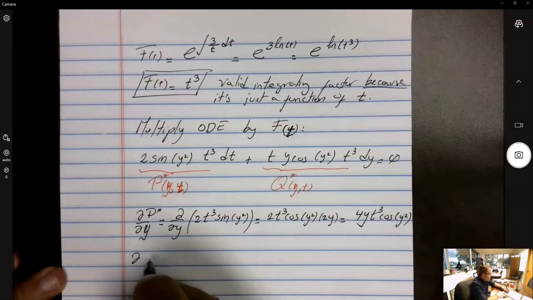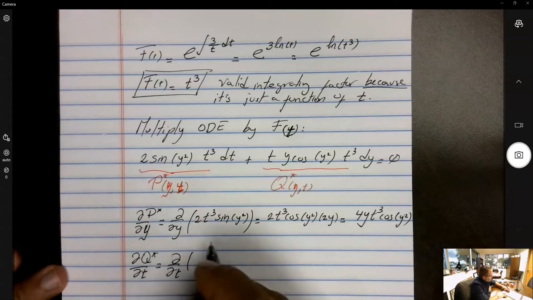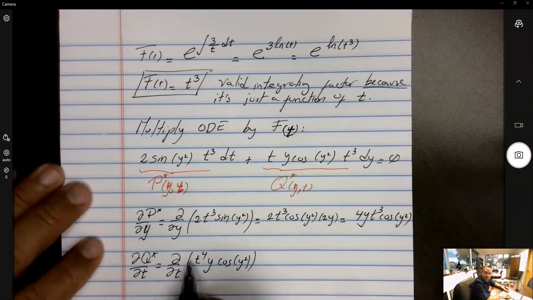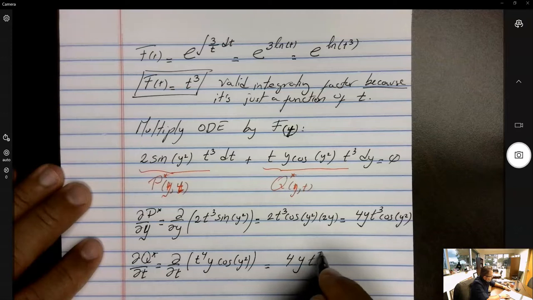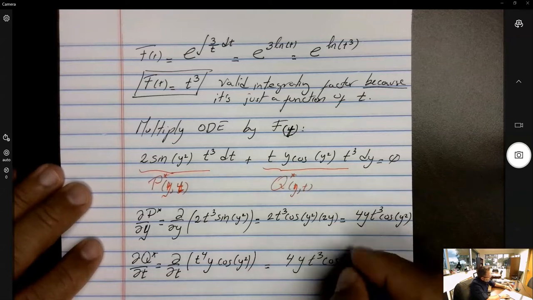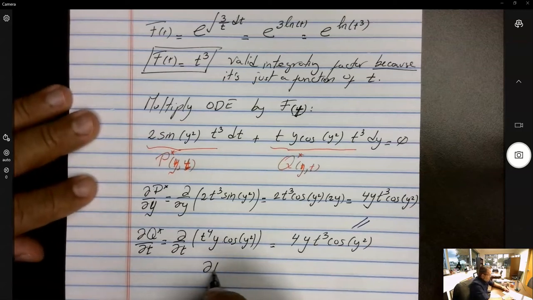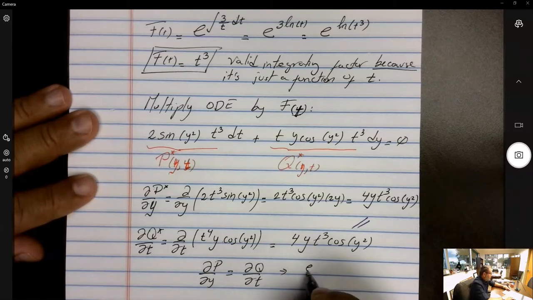And the other one, dQ star/dt, is equal to d/dt of t cubed times t, which is t to the 4th y cosine of y squared. If I differentiate this with respect to t, it will be 4t cubed, and all of the rest is a constant. So I end up with the same exact thing, 4y t cubed cosine of y squared. So this is now equal to this. So dP/dy is equal to dQ/dt. So the new ODE is exact.